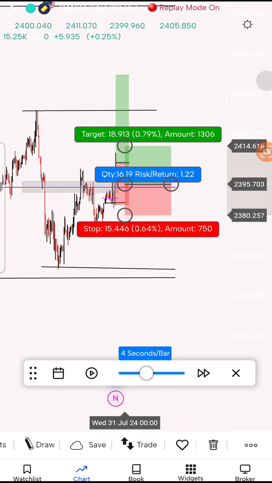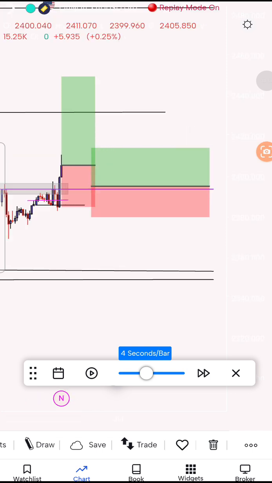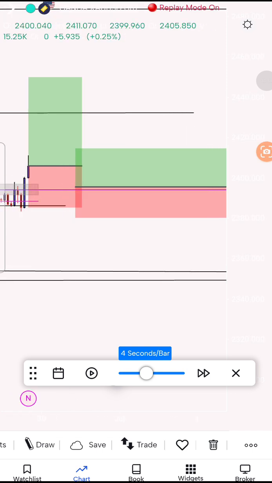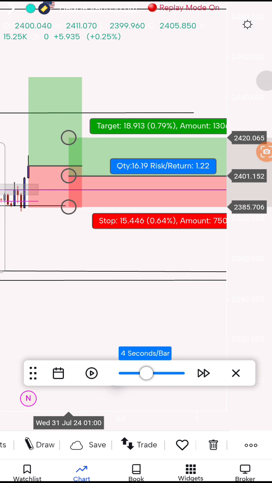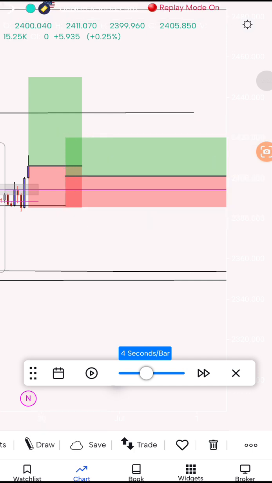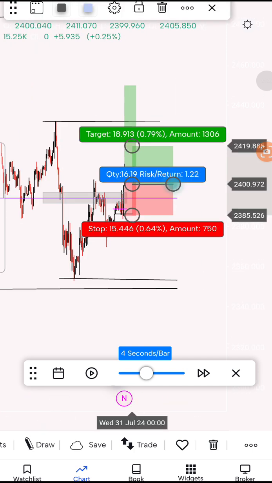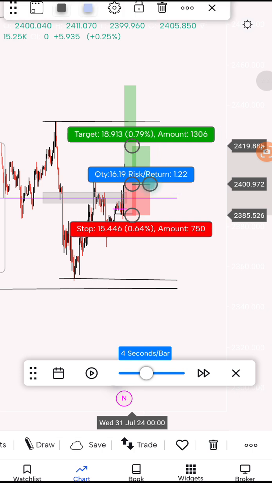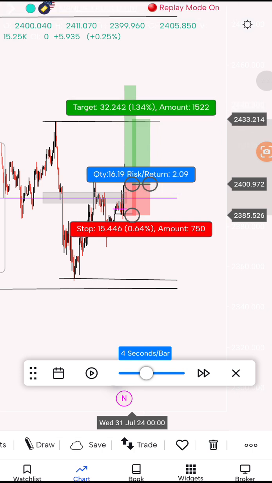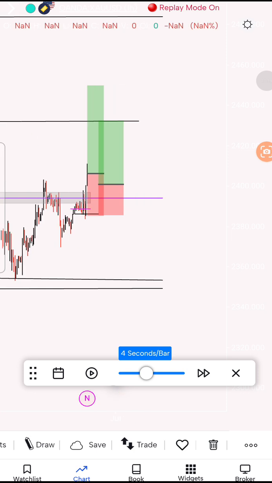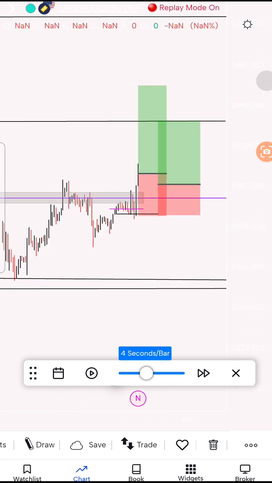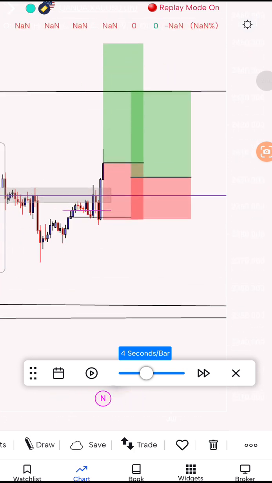So let's see which scenario is really ideal. So in that fair value gap, sure that we have a 1 to 2, and this will give us a good one because our target will be within the range. So you see, consolidated a bit, we formed another fair value gap.